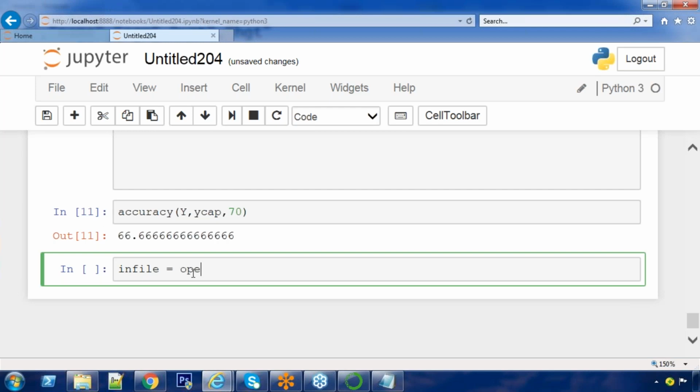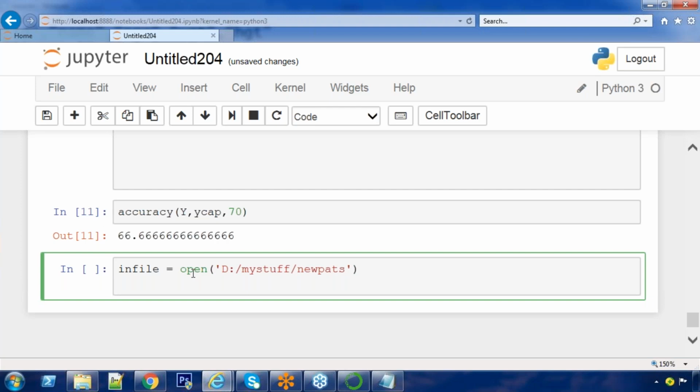In file is equal to open of the file path. First line is header, just removing that.